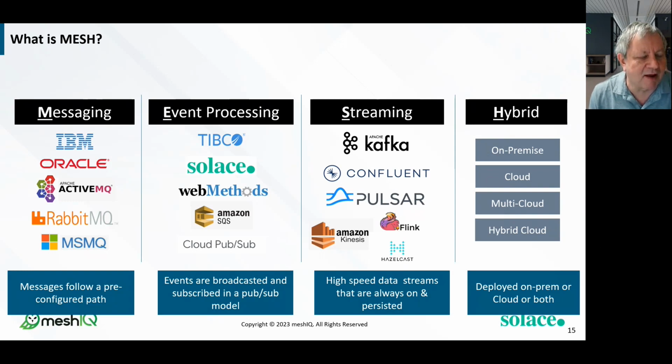That was a major step forward. And then event processing came along, and then streaming, and then ultimately this model where all of those exist in a hybrid cloud, both on-premise, on-cloud, multi-cloud, you name it. Everybody's got a little bit of everything these days. And so being able to have visibility across all of those layers is very key to you.